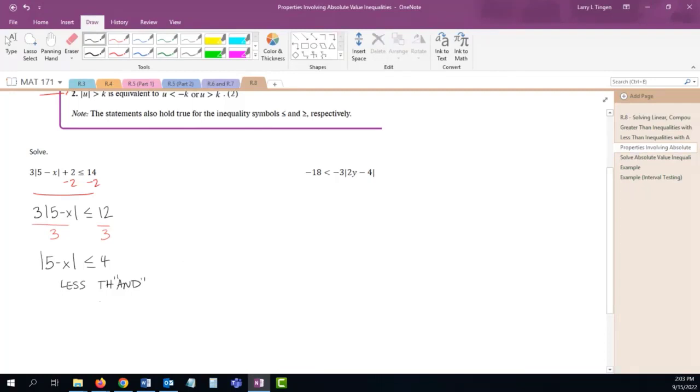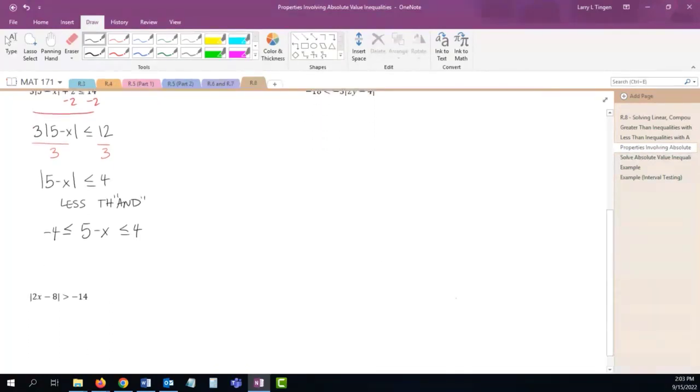It's an and. What's inside the absolute value is less than or equal to 4, and it's greater than or equal to -4. And then we're just going to solve that.